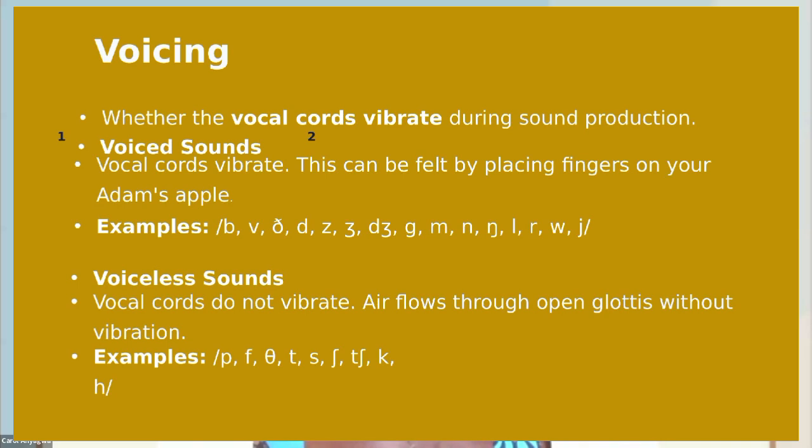Then, of course, the voiceless sounds do not involve any form of vibration because the glottis is open, so air simply flows freely. Such examples are s, t. If you apply the test we just did, you'll see that there won't be any vibration at all. And that is the third of the parameters for describing the 24 consonants of English.